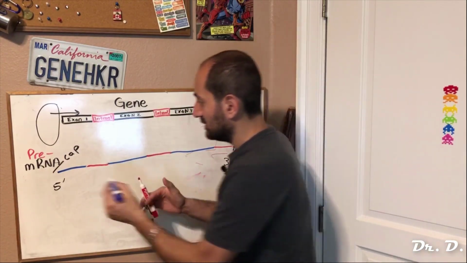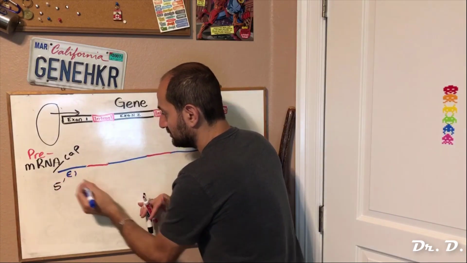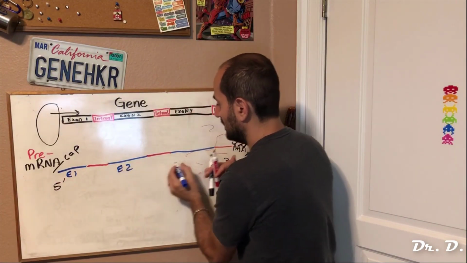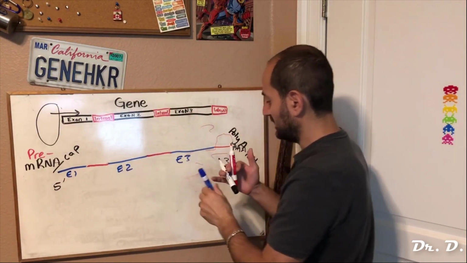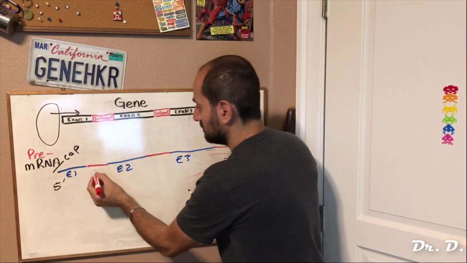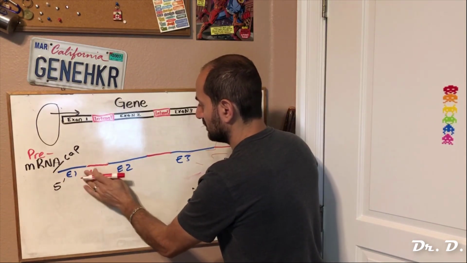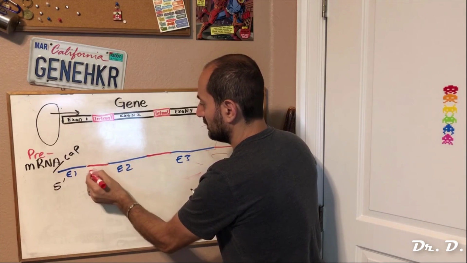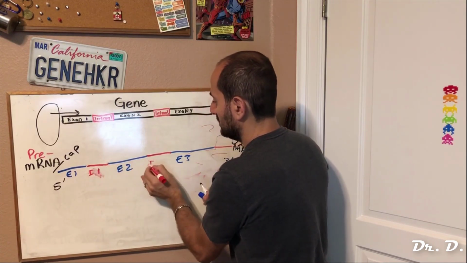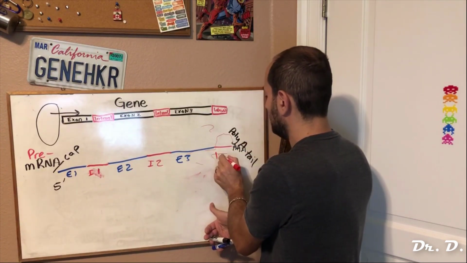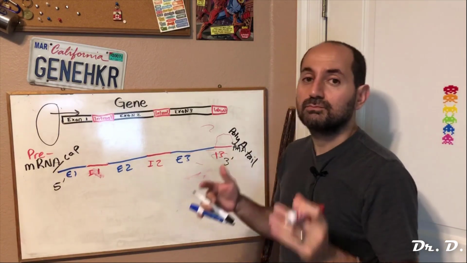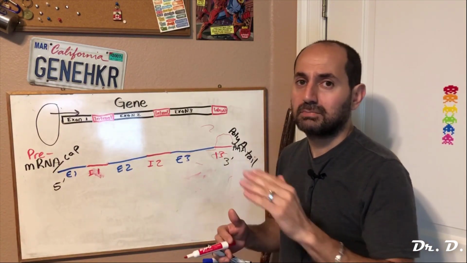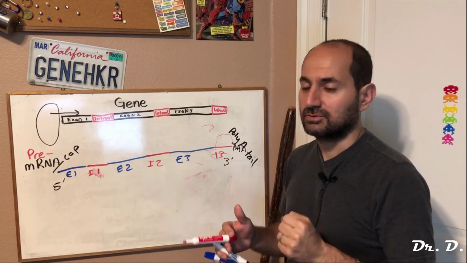Because remember, the blue parts are exon 1, exon 2, exon 3, but you have the red parts, which are intron 1, I1, I2, and I3. We have to remove the introns. This is called splicing out the introns.